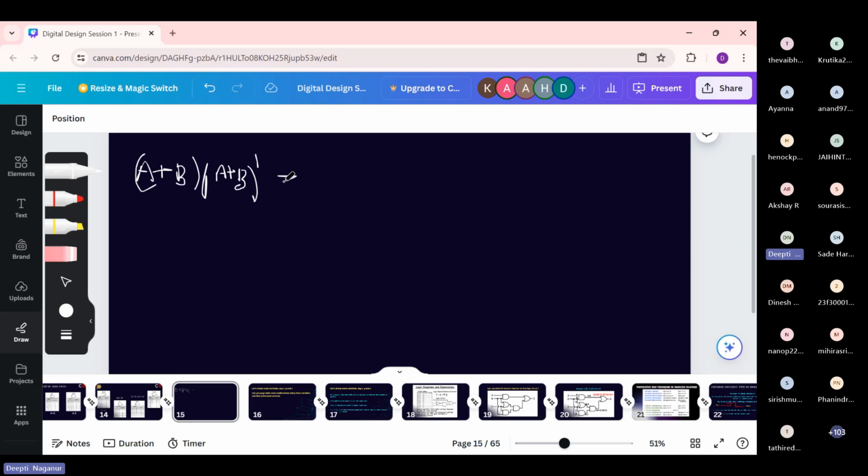Using De Morgan's theorem, I'll get (A plus B) dotted with A prime dot B prime. I apologize for the handwriting here.